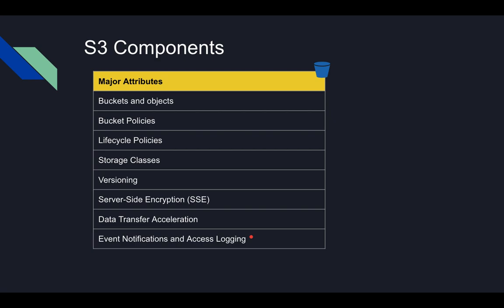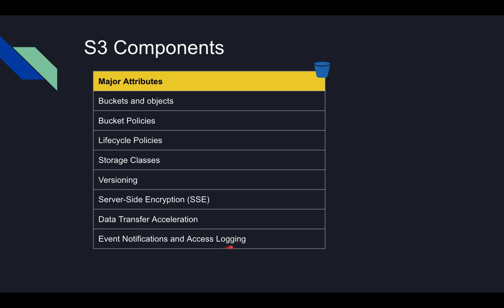And event notification and access logging: event notification says that you will be notified of some events on S3. In AWS, whatever operation you do, creating a bucket, deleting a bucket, launching an instance, we call it an event. So on S3 you can get a notification if someone uploads, or when someone deletes, or any event happens on the S3 bucket.